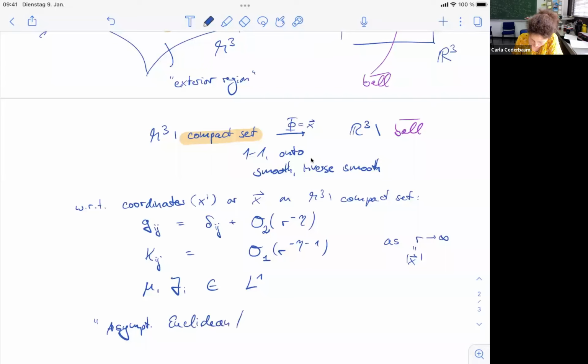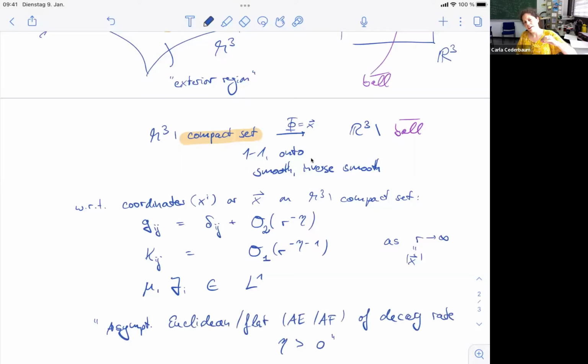Euclidean or asymptotically flat, abbreviated either AE or AF, for asymptotically Euclidean or asymptotically flat, of decay rate eta bigger than 0.